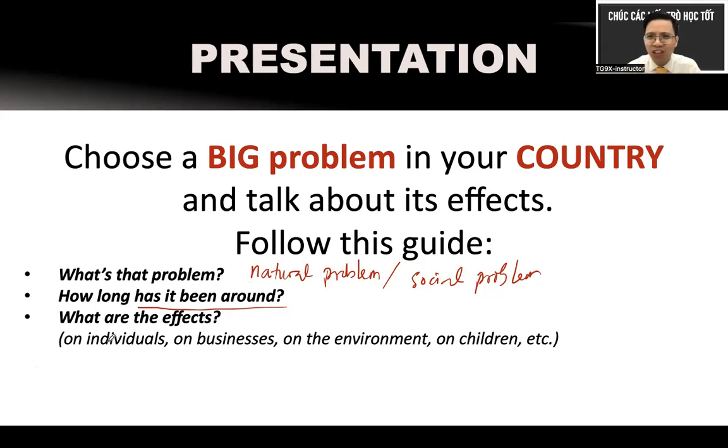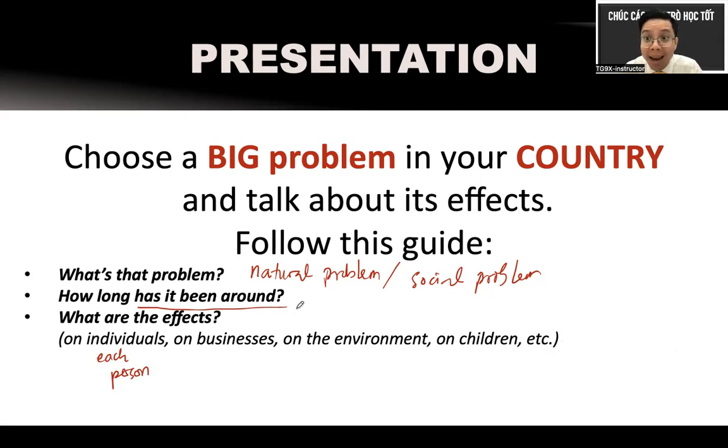However, I'd like you to categorize, I'm sorry, I pronounced the word wrongly. Categorize on many different effects like this: on individuals. Individuals means each person. Maybe on businesses, on the environment, on children, on workers, on tourism, on money, on the price, on transportation, on education.